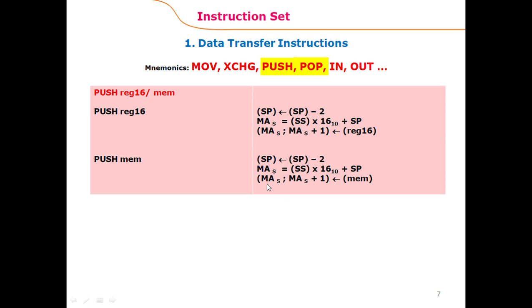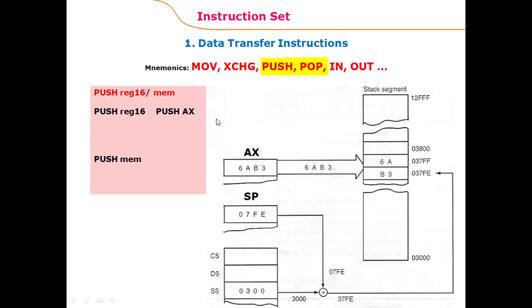So the first byte, the rightmost byte, is stored at the memory address here, and the next higher byte is stored at the next higher memory address. And this pattern of storing the low order byte, the rightmost byte, at the lower memory location and the higher byte at the higher memory location is called Little Endian pattern.